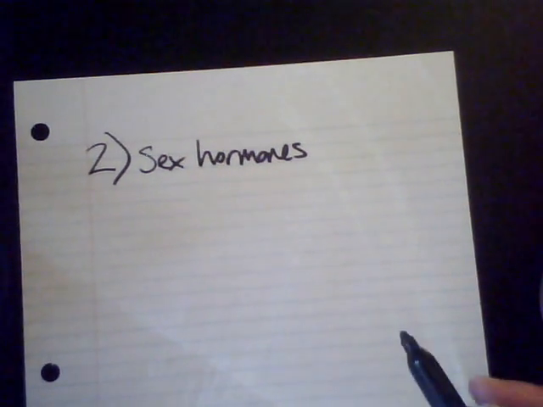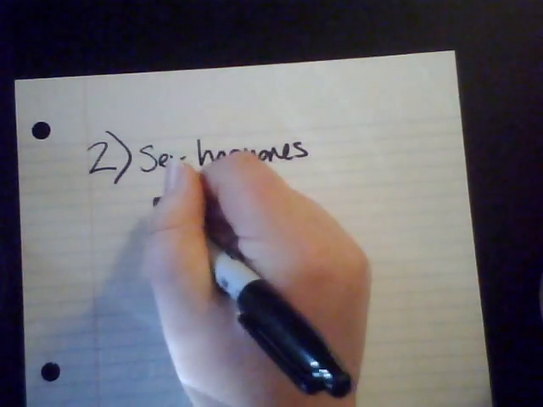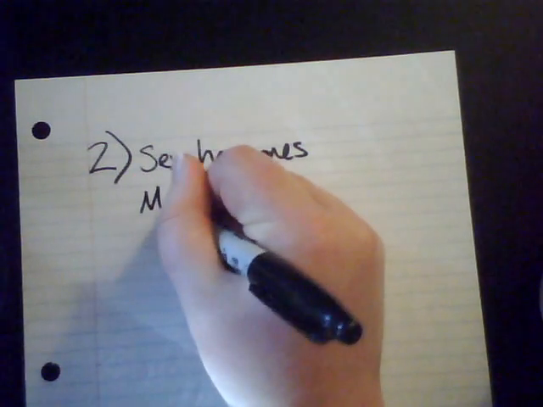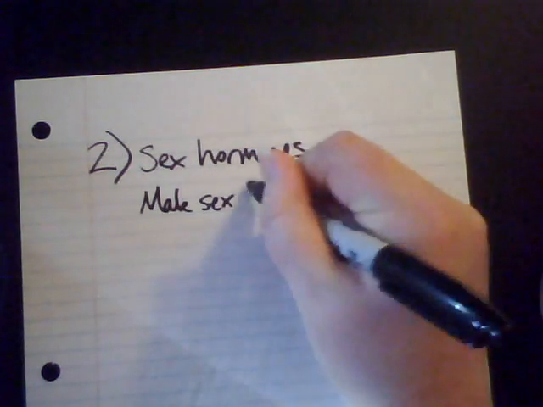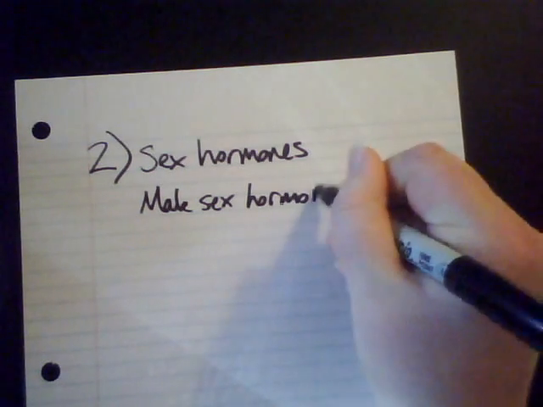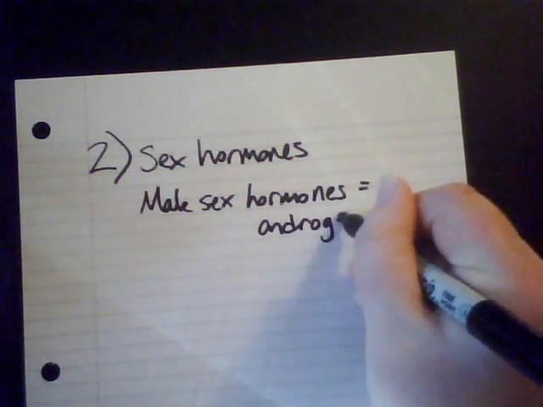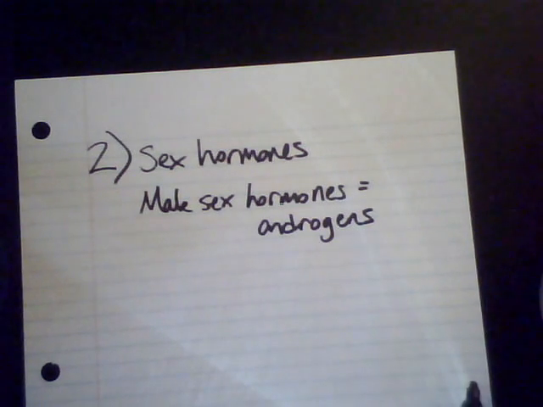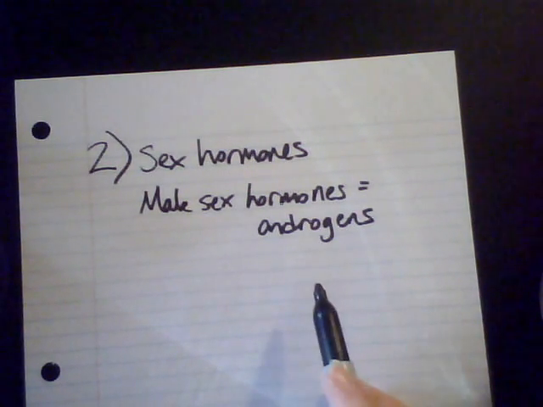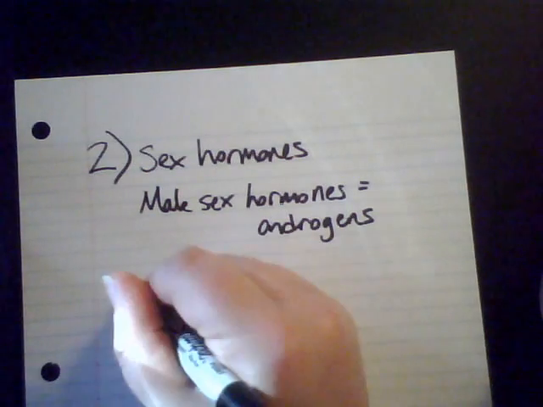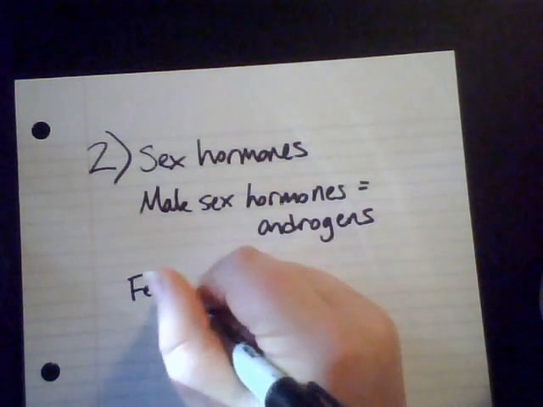So for our sex hormones, we have two major types. We have the male sex hormones, which are called androgens. Androgens are the overall classification for male sex hormones, and the female sex hormones are called estrogens.